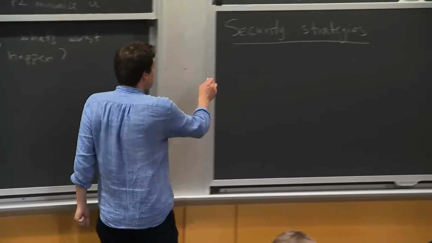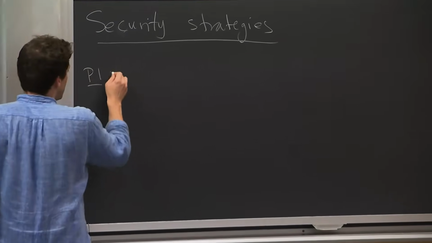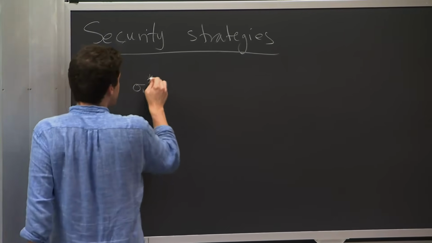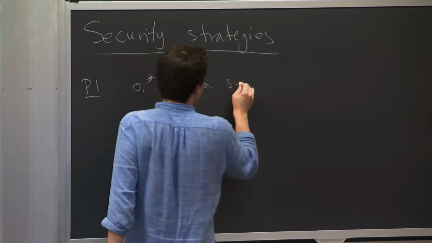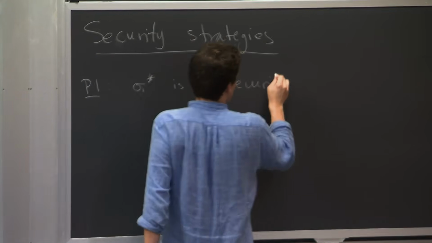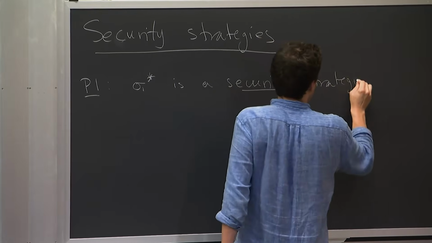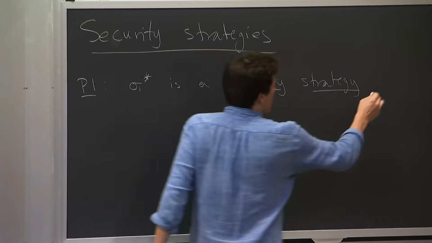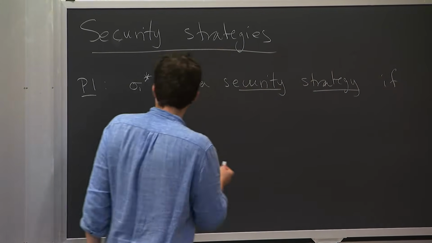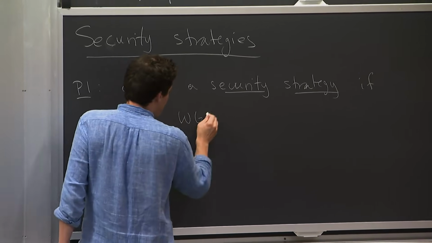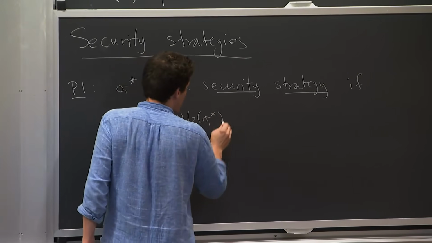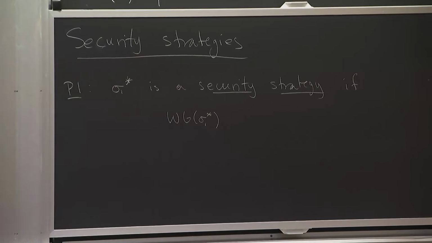So for player 1, we say a strategy sigma 1 star is a security strategy if the worst case gain from sigma 1 star is better than the worst case gain I would get from any alternative strategy.